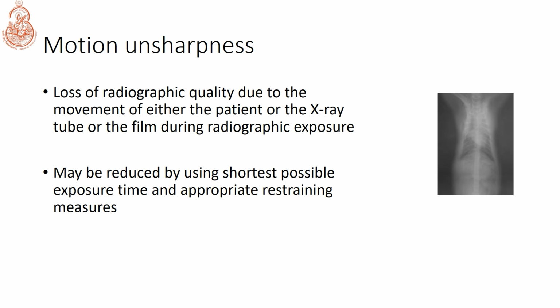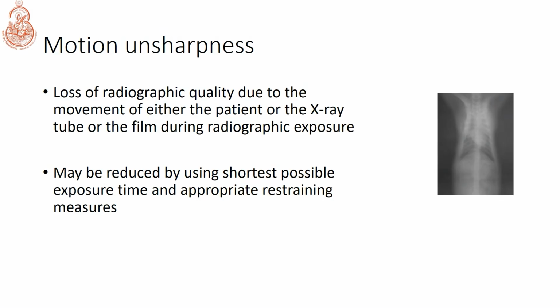When there is motion unsharpness, I am going to get a radiograph with very little detail. The sharpness is going to reduce a lot. I'm going to get a blurred image on my radiograph, and this can be due to movement of the patient, movement of the tube, or movement of the film during the radiographic exposure.